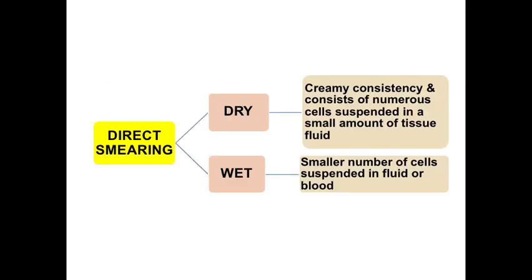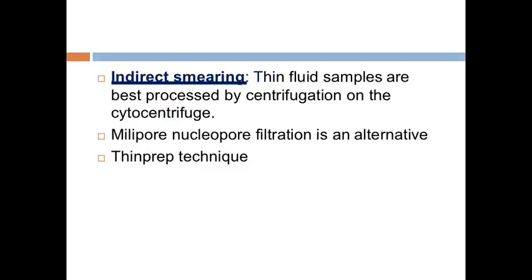Direct smearing you do for a creamy consistency, consisting of numerous cells suspended in a small amount of tissue fluid. When they are in a larger amount of fluid or blood, in those cases you go for indirect smearing, where the fluid sample is processed by centrifugation. That is, you take 1 ml or 2 ml of colloid that has come, or 1 ml of certain lesions where pus has come out. If there is a cystic swelling, the cyst fluid has come out.